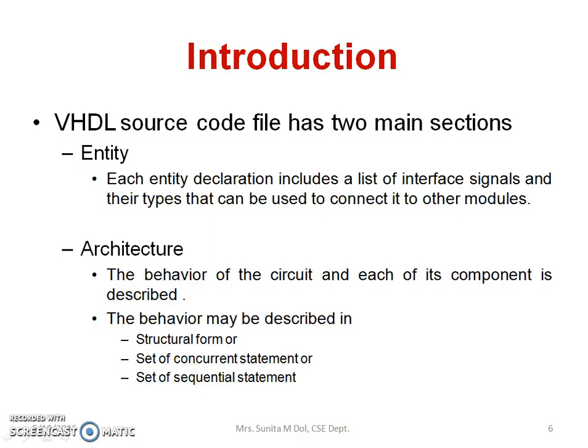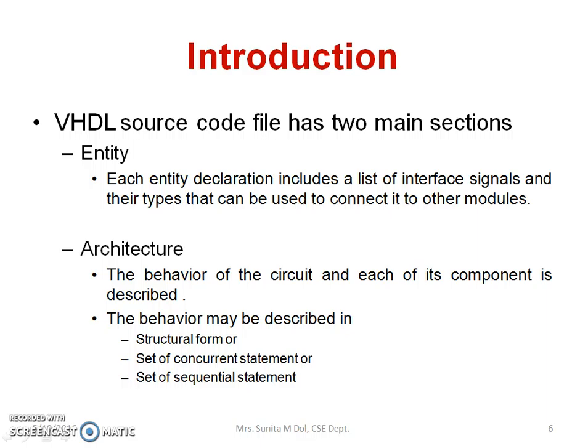When digital circuit is to be designed, it is required to be described in VHDL. So for this, we must specify an entity and architecture at the top level and also specify an entity and the architecture for each of the components that are part of the circuit.